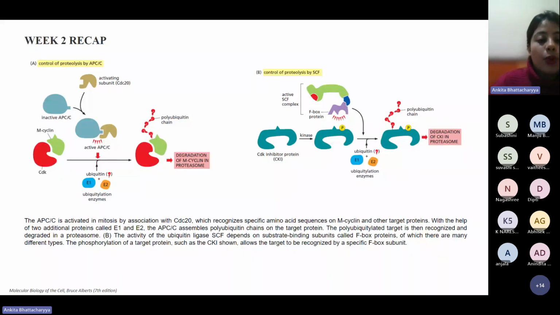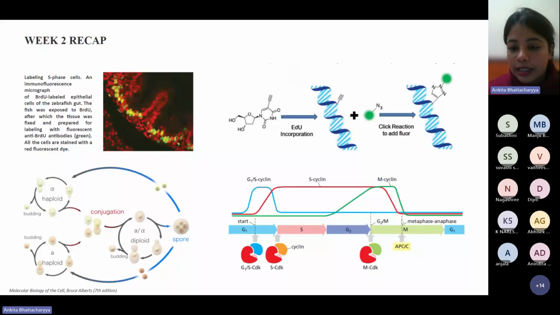What this effectively does is that it polyubiquitinates the M-cyclin MCDK complex. If you remember this graph, please follow the green line. You see that the M-cyclin expression is starting right after the S phase has ended, where synthesis has been completed. So M-cyclin expression is slowly growing up.